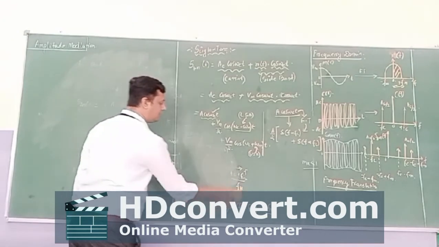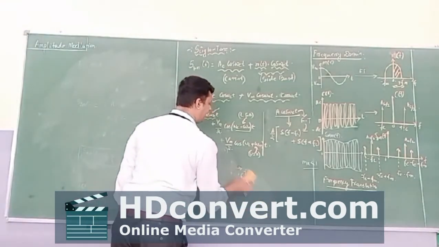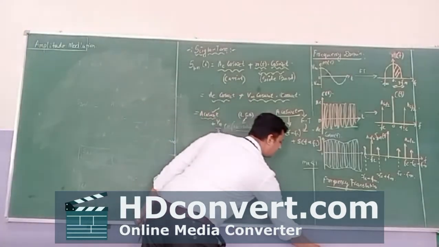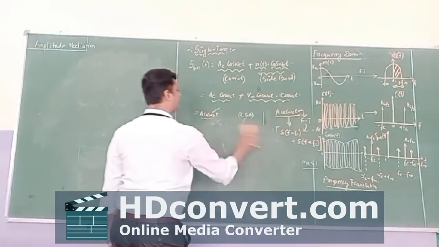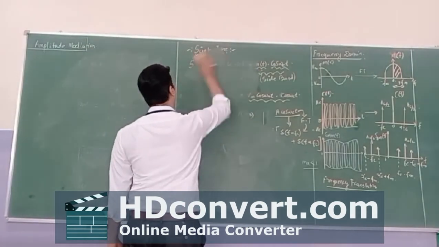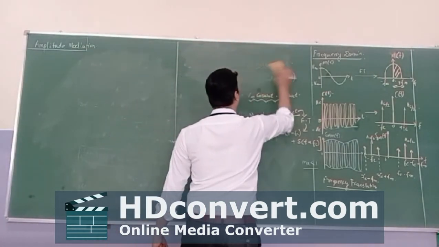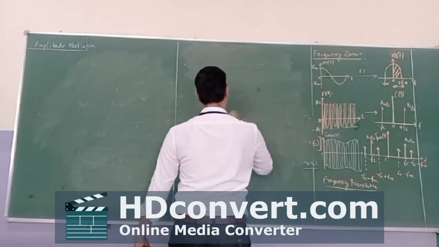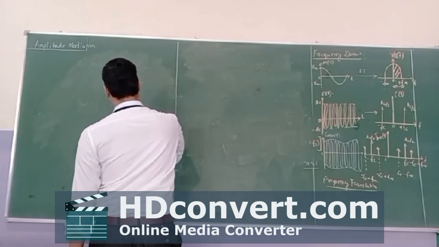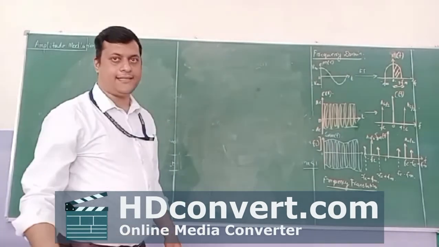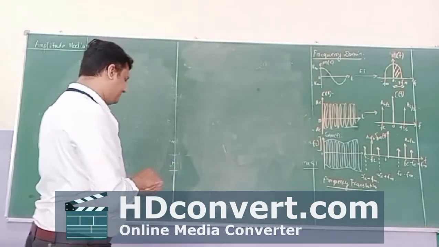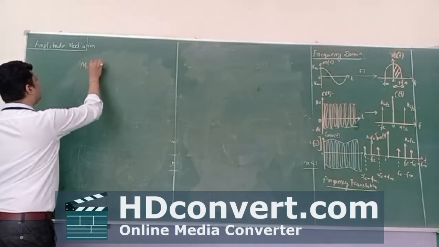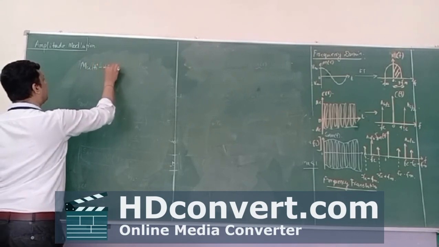And for that also we can represent the frequency translation or the spectrum for the modulated signal. Step by step we will see how these multi-tone signals are going to be represented. So first, single tone is over. Now we will go for the multi-tone signal.